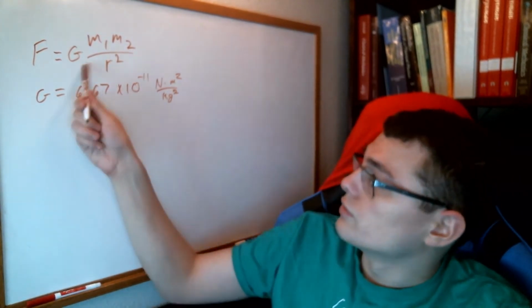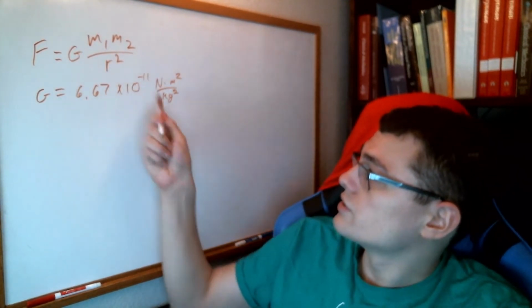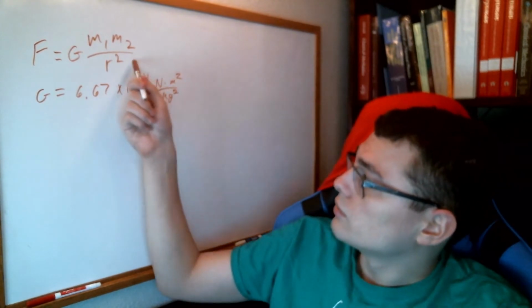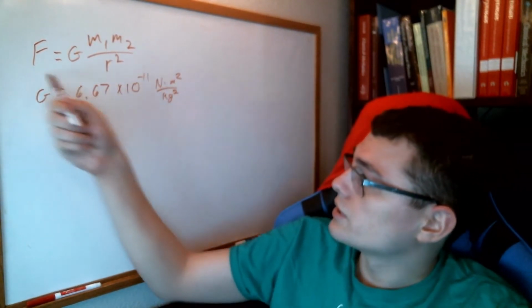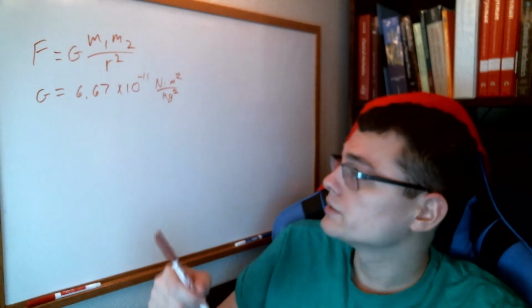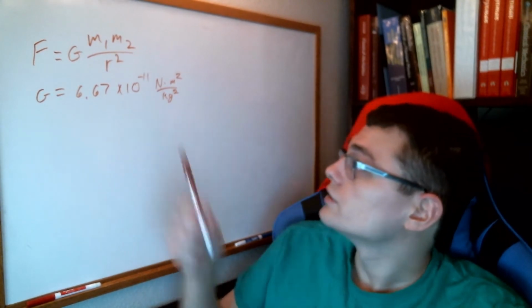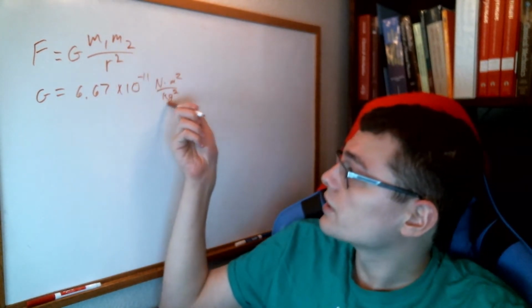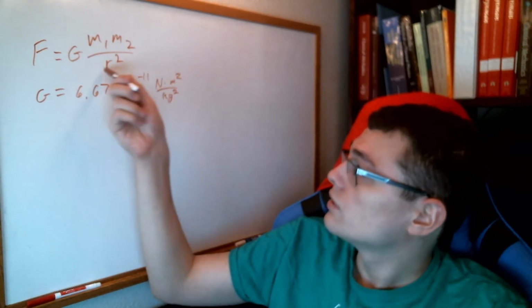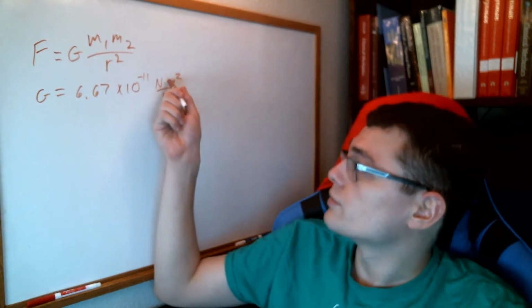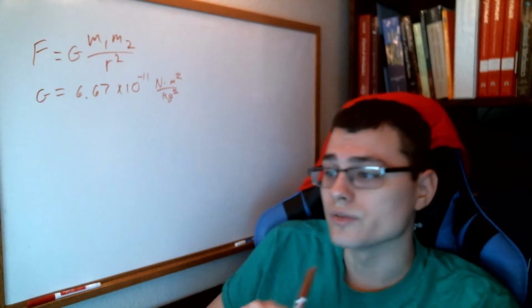Just know that when you plug in G, these units will cancel out with all the units here in order to give you a force in newtons. The two masses cancel with the kilograms, and the r squared cancels with the meters squared, and it gives you newtons.